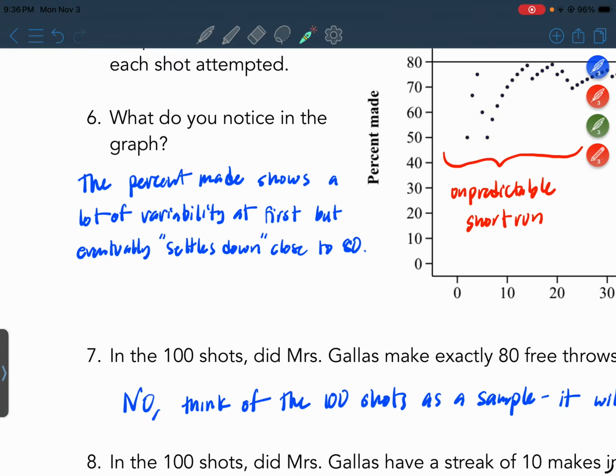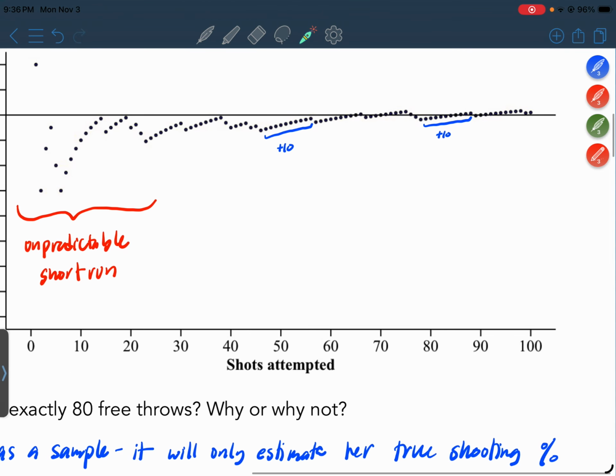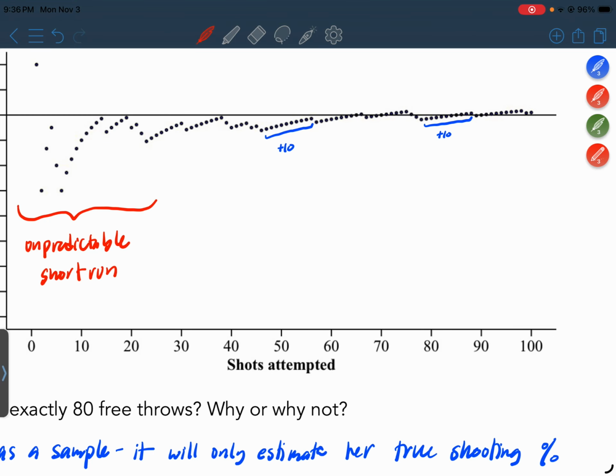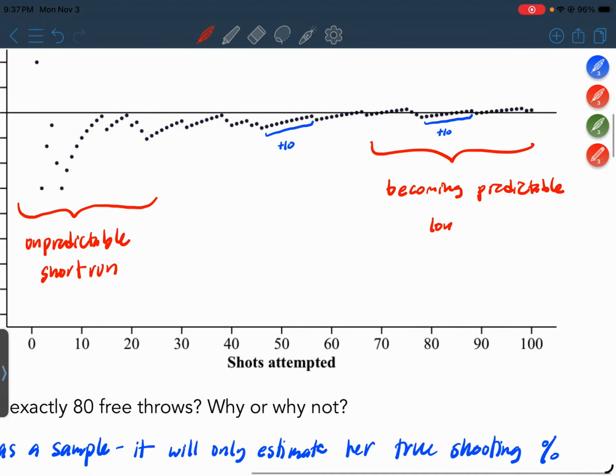So eventually it settles down to this 80%. Let's label that part of the graph as: the percent made is becoming more predictable, which is because now we're looking at what's happening in the long run.